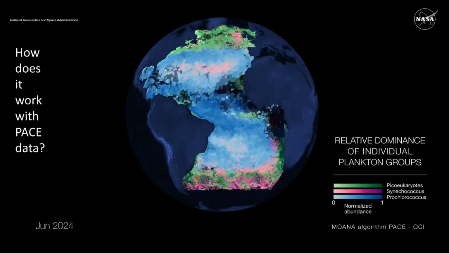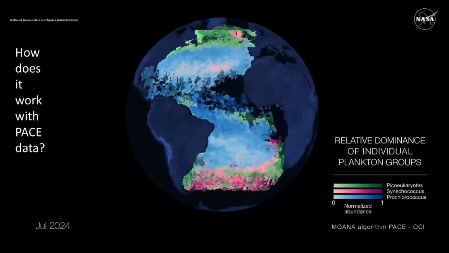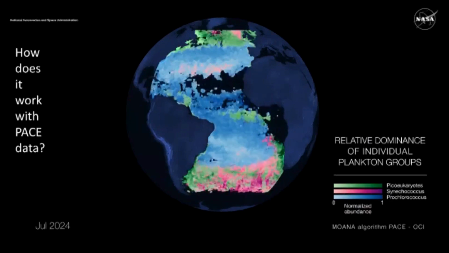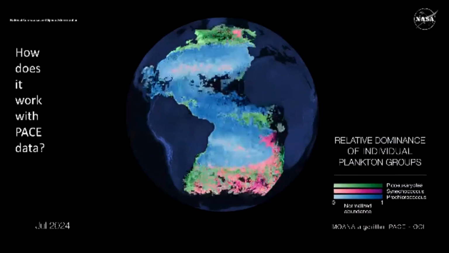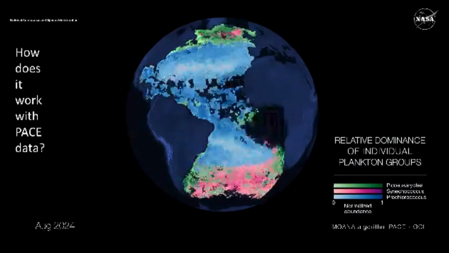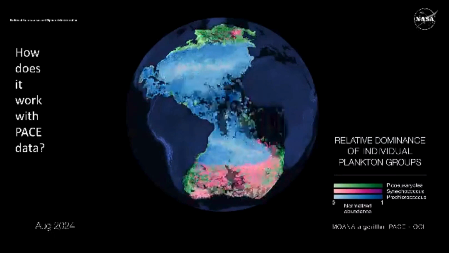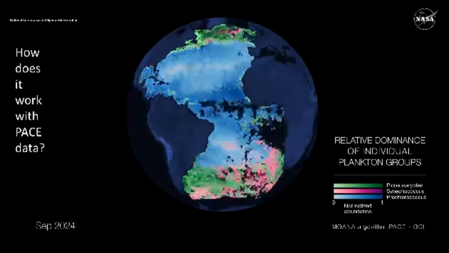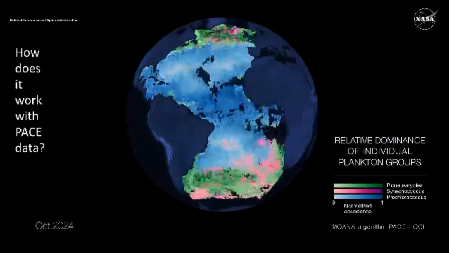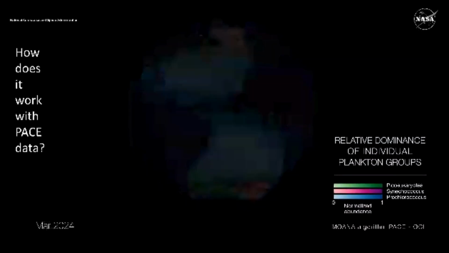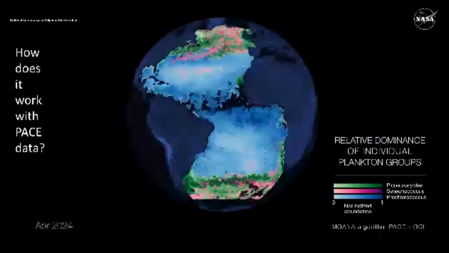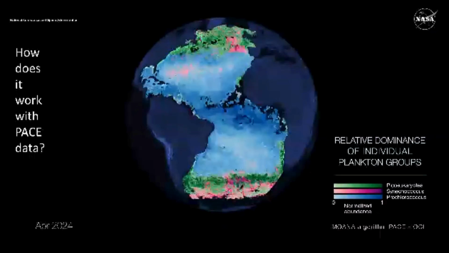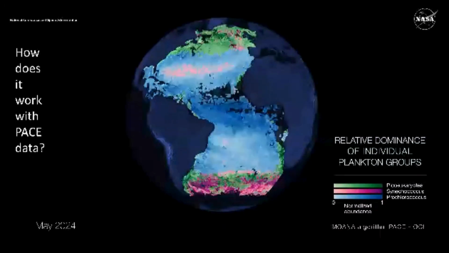And you can see here, as we go from springtime in 2024 towards the fall of 2024, the changes in distribution follow what we would expect, with a rise of the picoeukaryotes in the springtime in the North Atlantic, as the spring bloom is happening, and you expect them to be there because they're acting like big guys.